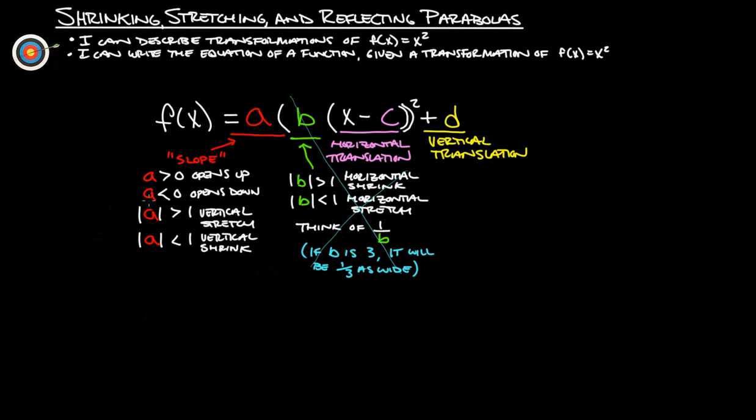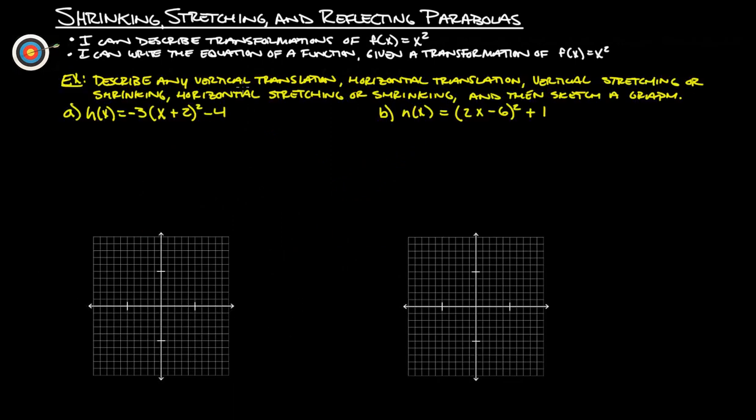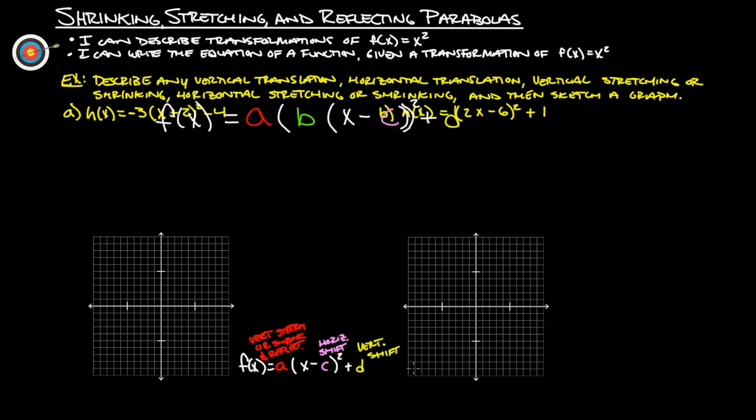Okay, so I think the best way to understand this better is to look at some examples. So let's do that. Describe any vertical translation, horizontal translation, vertical stretching or shrinking, horizontal stretching or shrinking, and then sketch a graph of these things here. I copied down the important stuff from our previous screen. We don't need that anymore.